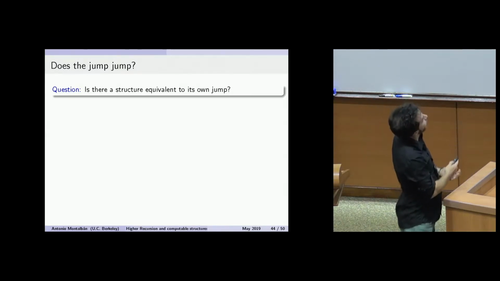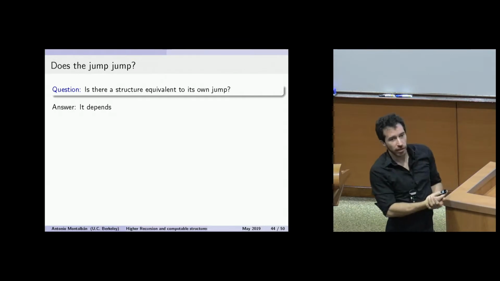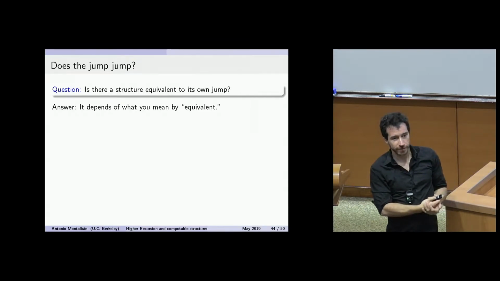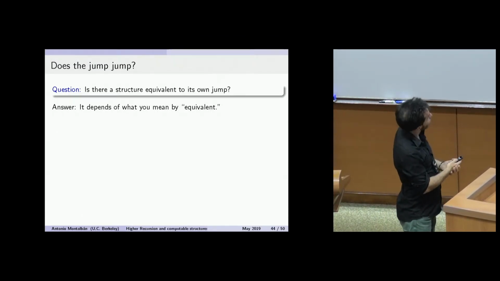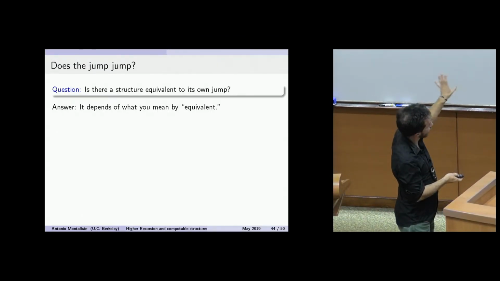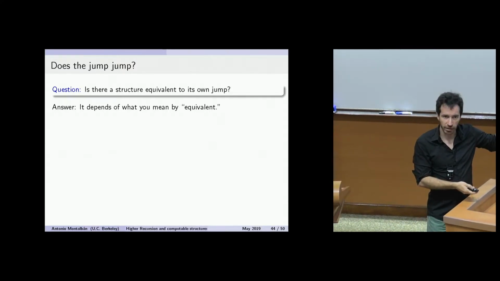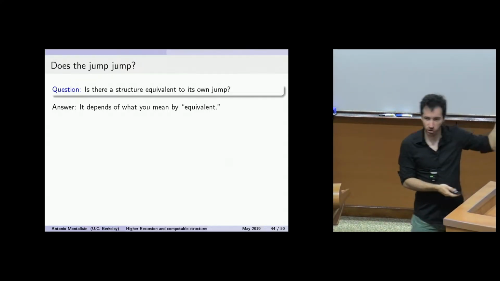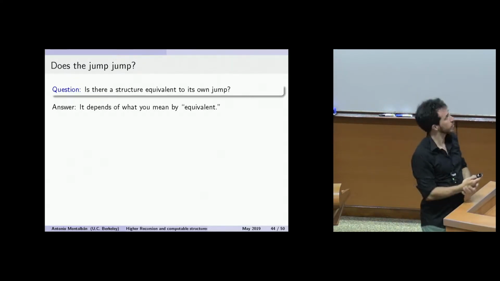Okay, so the answer to that question is, well, it depends on what you mean by equivalent, which is good. So before I was talking about effective bi-interpretability. I don't want to get into the details of that, so I'm going to look at simpler versions of equivalence that are easier to define.